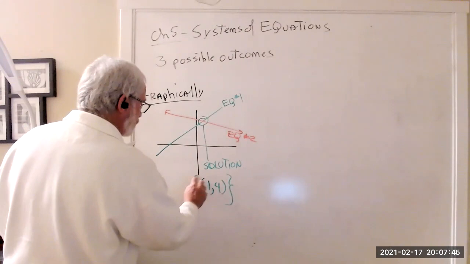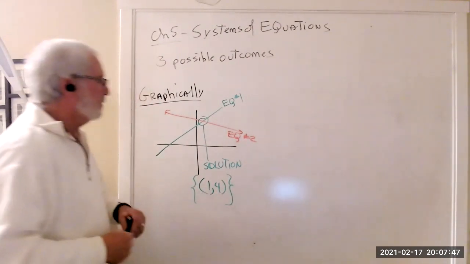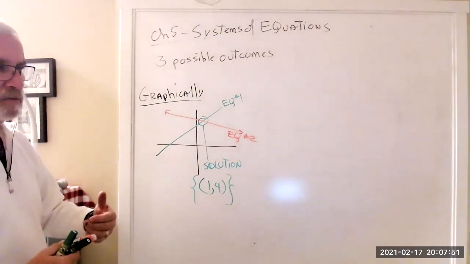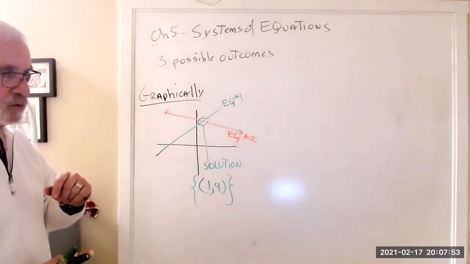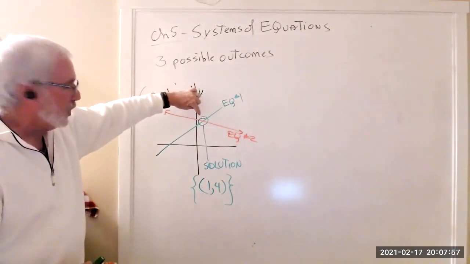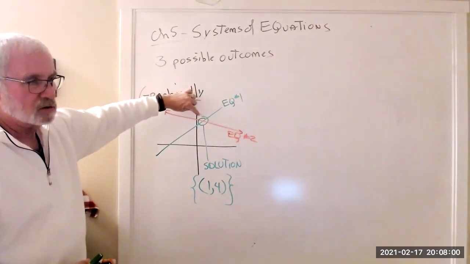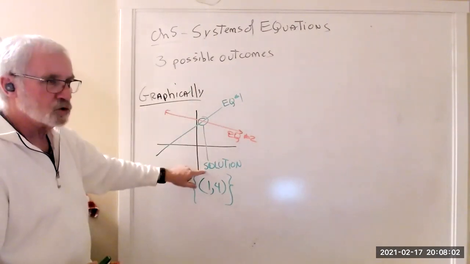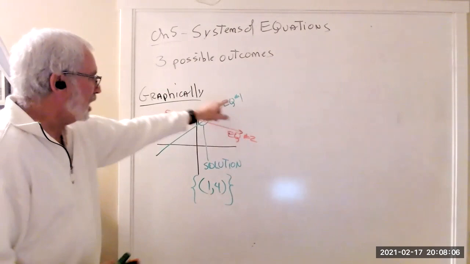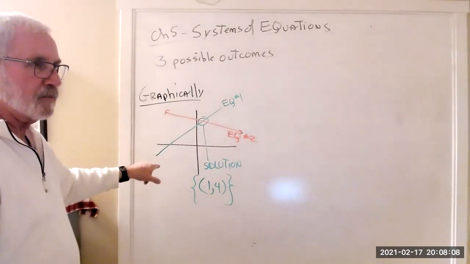Remember, it's a solution set. Okay, so let's say you solve the problem by graphing, which we'll do in a minute. Okay, you look to see where do they cross. And that's your solution. It's the point that's on both lines at the same time.